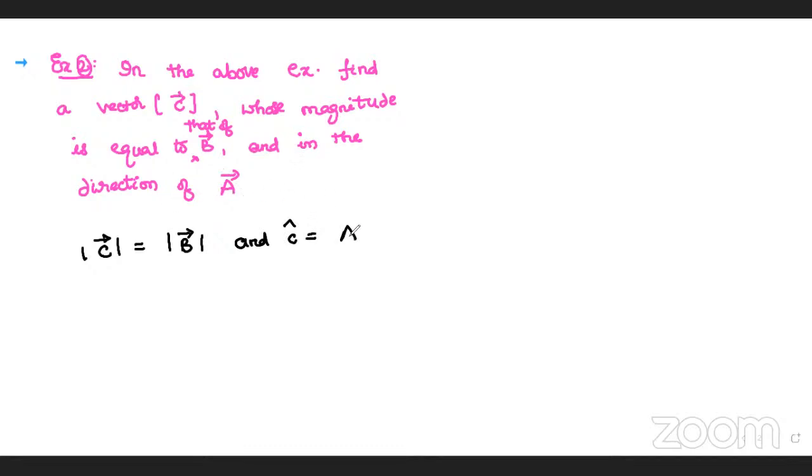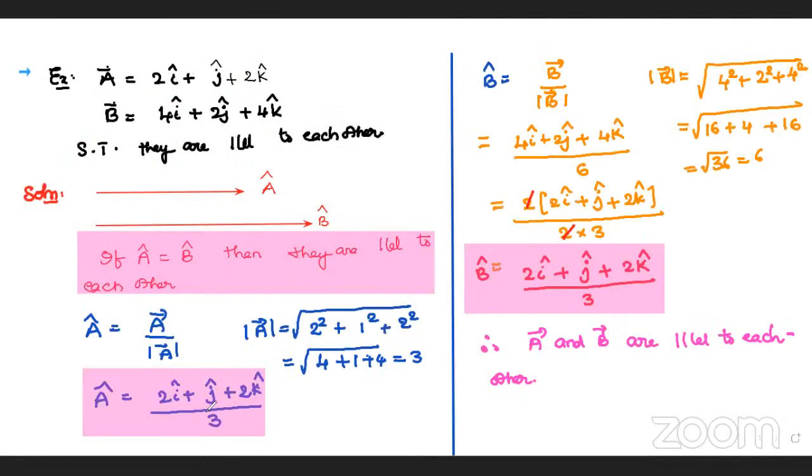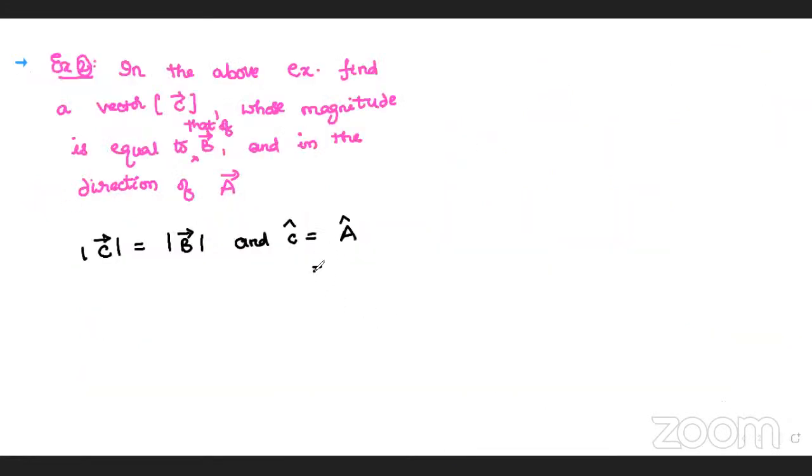The direction of a bar will be given by a cap. Okay, so how much is a cap? We already found it here. Directly I write here that it equals 2i cap plus j cap plus 2k cap.